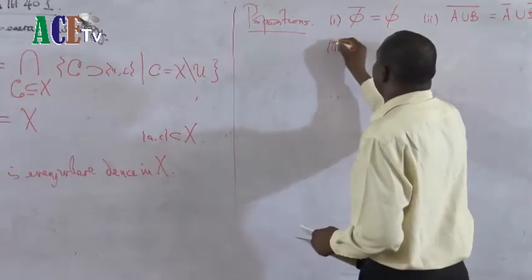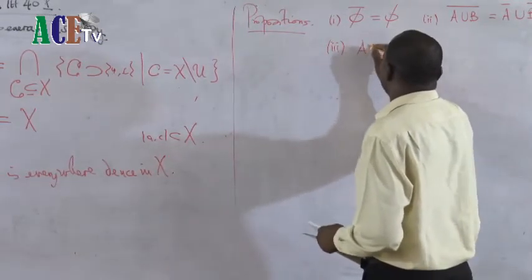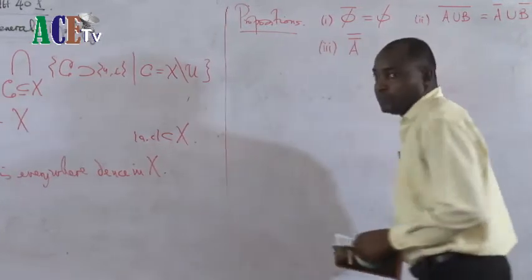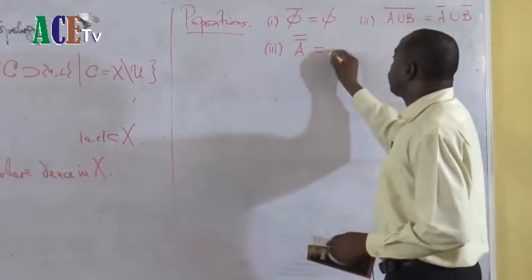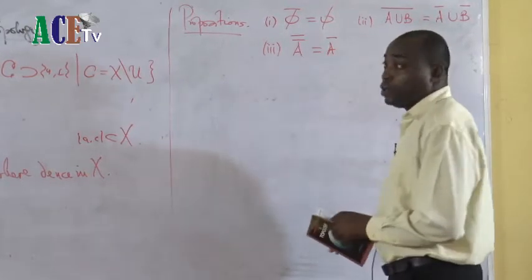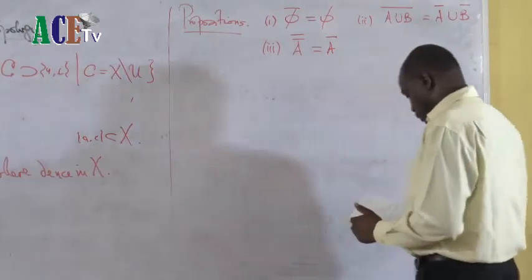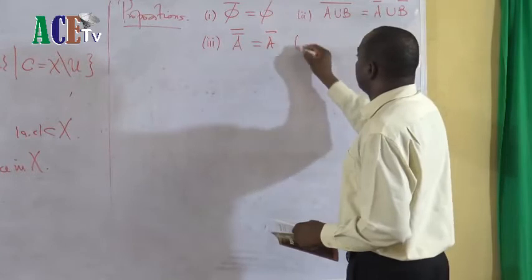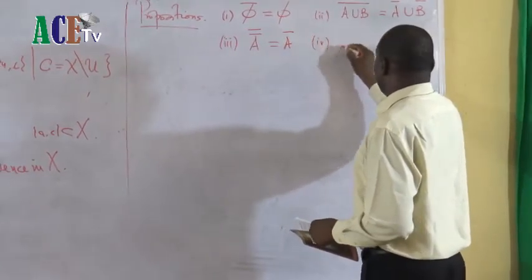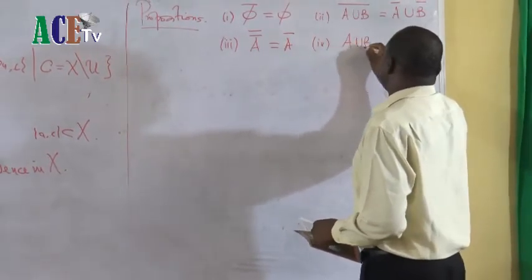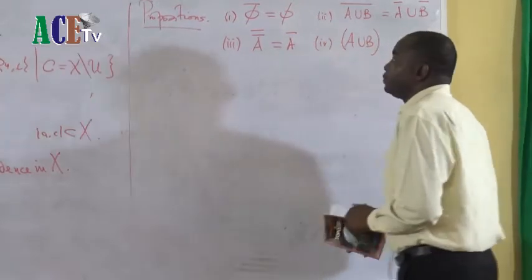Number 3: the closure of the closure is equal to the closure of a set. And number 4: we want to take derived sets.